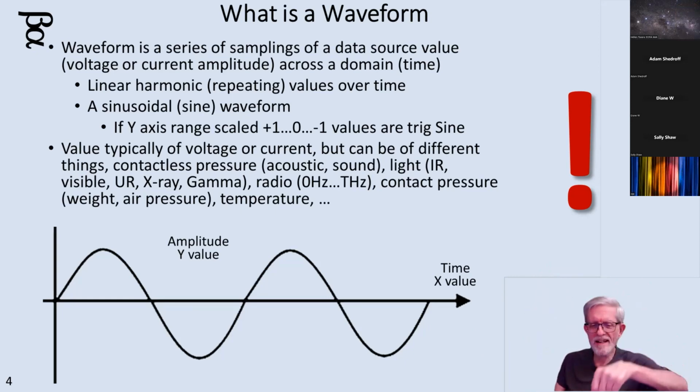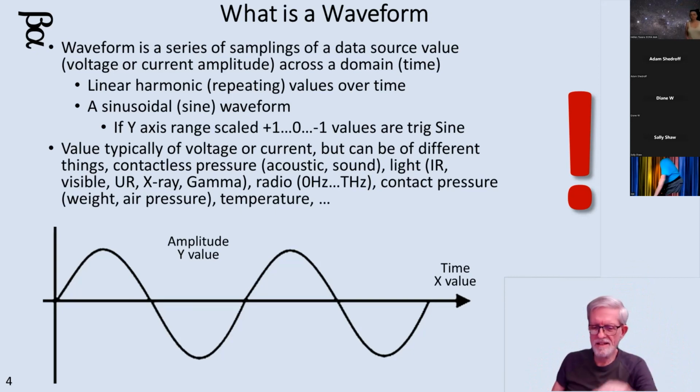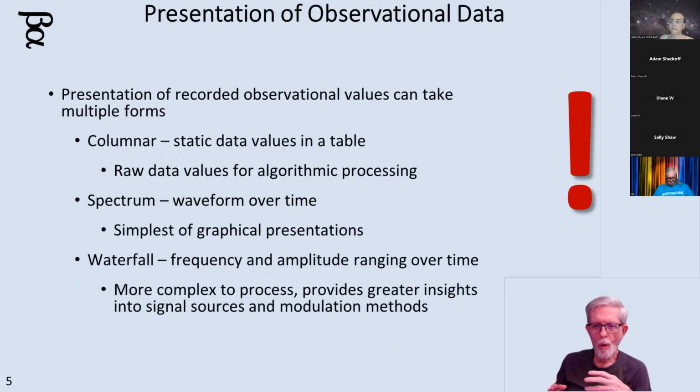If you drop a weight from a spring and the spring bounces up and down, that's this sinusoidal waveform until friction and gravity and heat take into account, and then it shrinks it. That's called dampening.